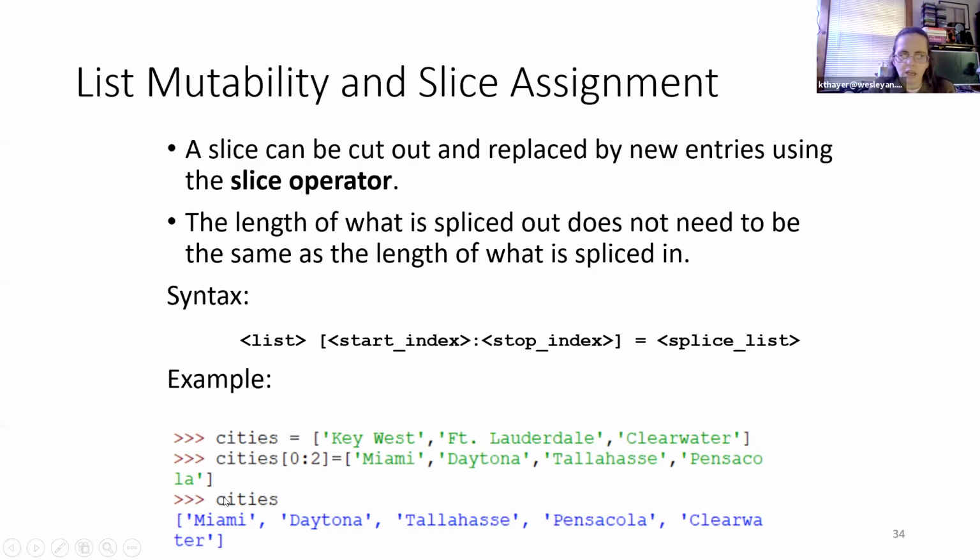So when we now look at cities, and we've had this slice operator doing a replacement, a mutation in that list, we now have all the new ones, because we asked it to start at 0 and go up to 2. This will go in first. And then we pick up Clearwater, which isn't in this one. That was left over from here because we went up to, but not including 2. So that's spliced in this new list to replace items 0 to 2.